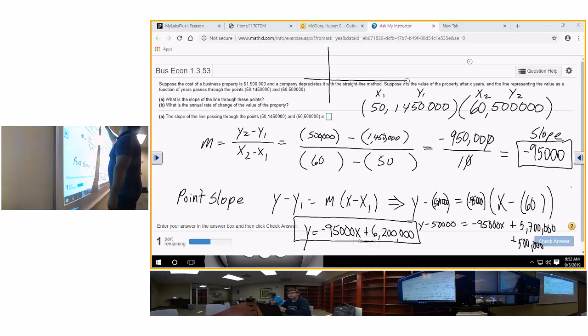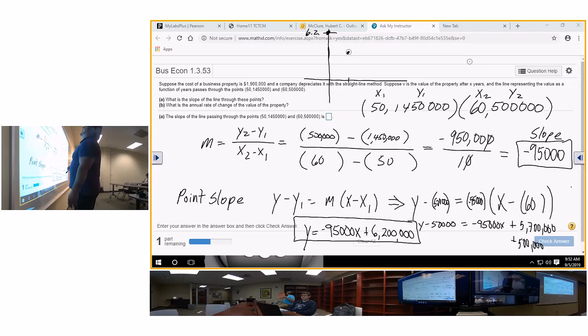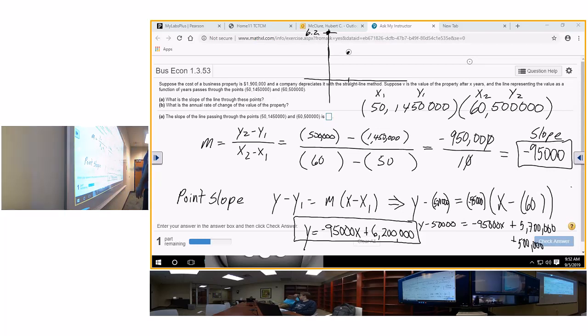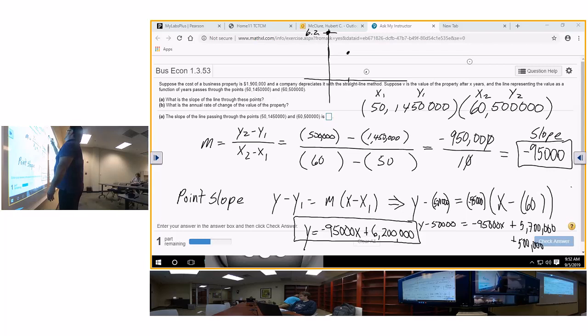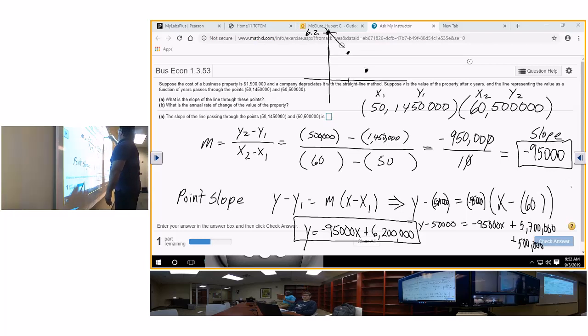It's going to cross 50 and 1.4 million, and 60 and 500,000. So what is it doing? It's going down.